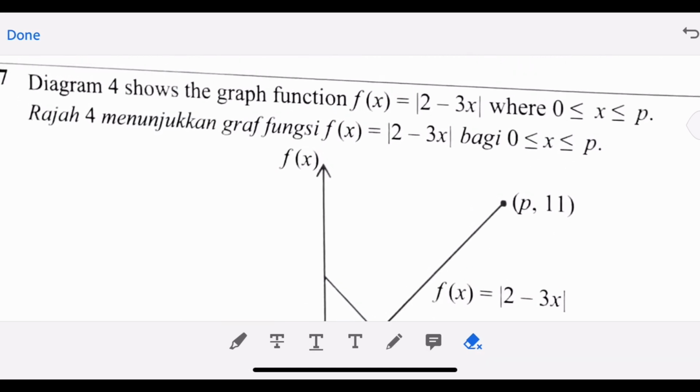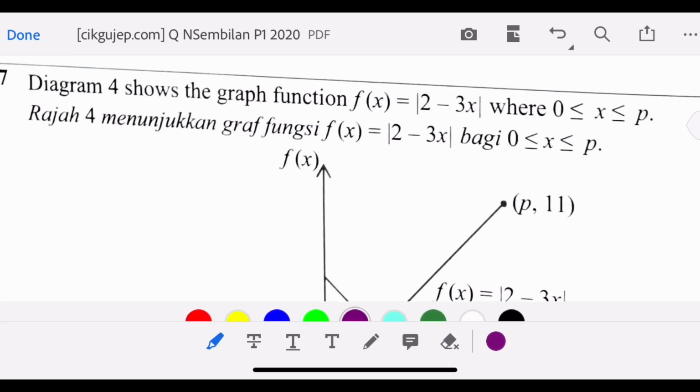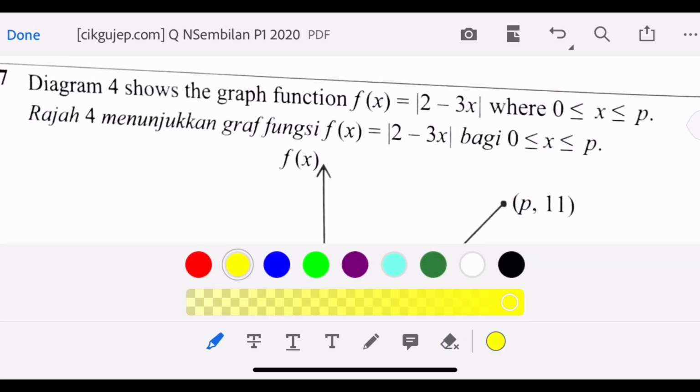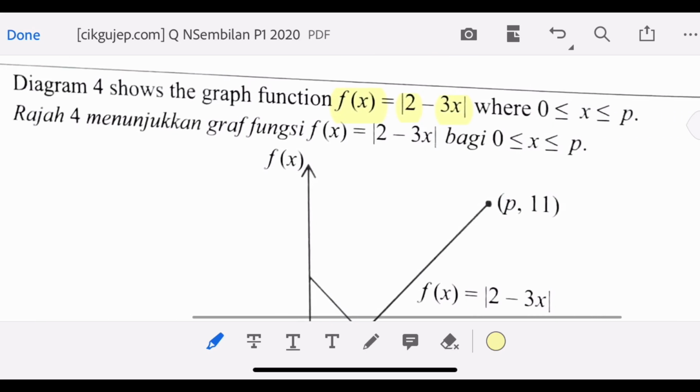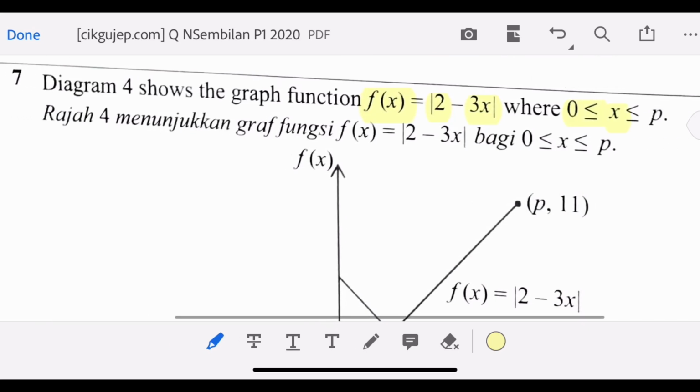Okay, now for this question, diagram 4 shows the graph of the function f(x) equals modulus of 2 minus 3x. Okay, the modulus is there. There are two lines where x starts from 0, more than or equal to 0 and less than or equal to p.